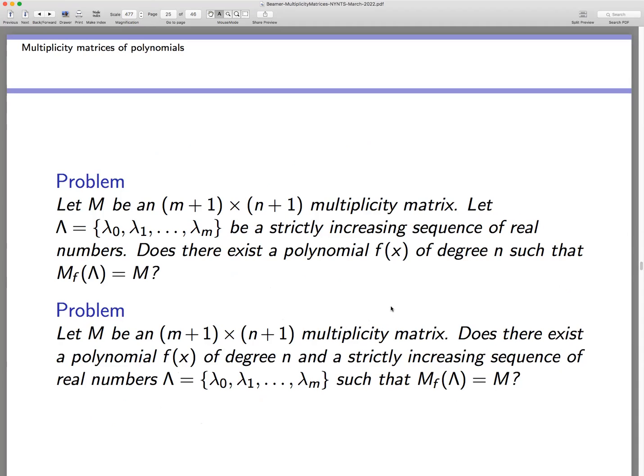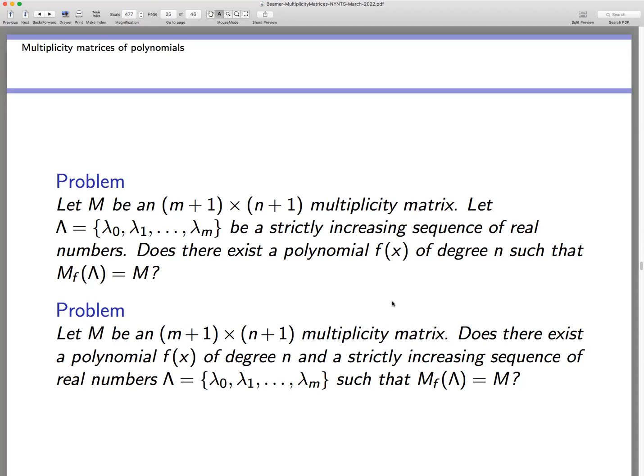No. So there are two different objects. There is the multiplicity matrix of a polynomial with respect to a set of numbers lambda. On the other hand, there is a multiplicity matrix, which is a matrix where the coordinates are non-negative integers that satisfy the two conditions that whenever one is positive, the next one is one less, and there's this constraint on the column sums.